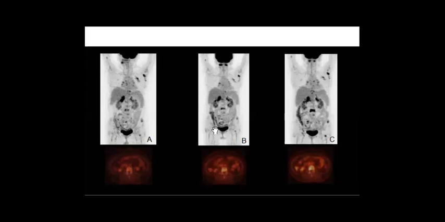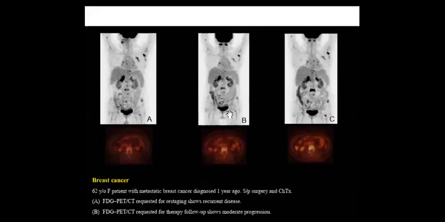And when he did the second PET-CT, do you see regression or progression or stationary? Try to focus at least on the bony lesions. Progressive, perfect. So this patient has progression here. And what do you think about the last one?